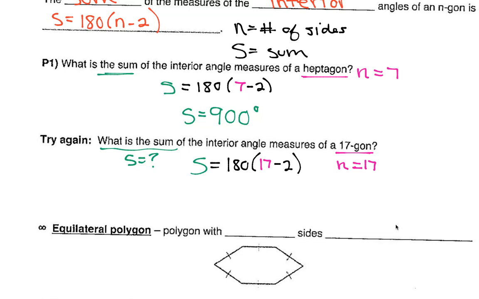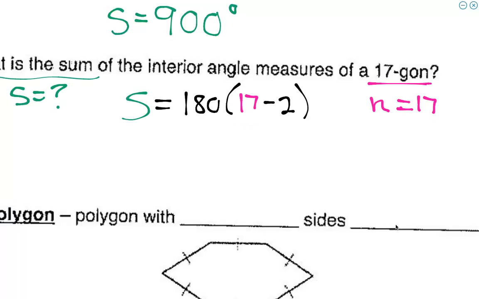The only difference here is notice they gave us an actual vocab word. Here they kind of just put it right in front of our face. So 17 minus 2 is 15. 15 times 180. S equals 2,700 degrees.